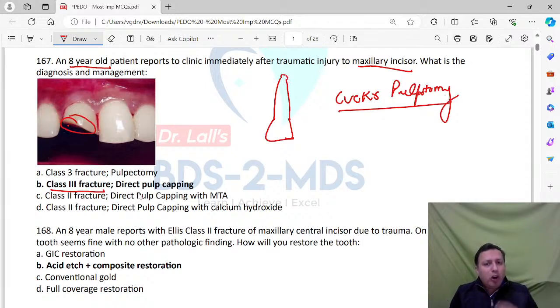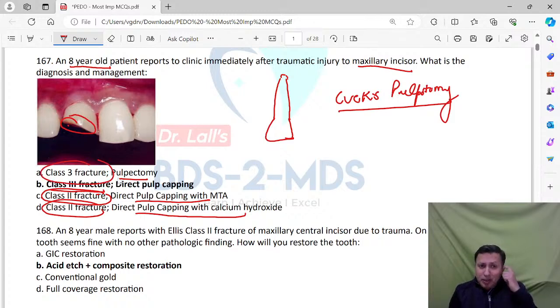Now if you see the options that they have given in the MCQ, they have written pulpectomy, direct pulp capping with MTA, or direct pulp capping with calcium hydroxide. But on the other hand, they have written class 2 fracture, class 2 fracture, class 3 fracture. Okay, but in the class 3 fracture they've used the word pulpectomy. So we know that it's a class 3 fracture, but the best option that we will go for is direct pulp capping.